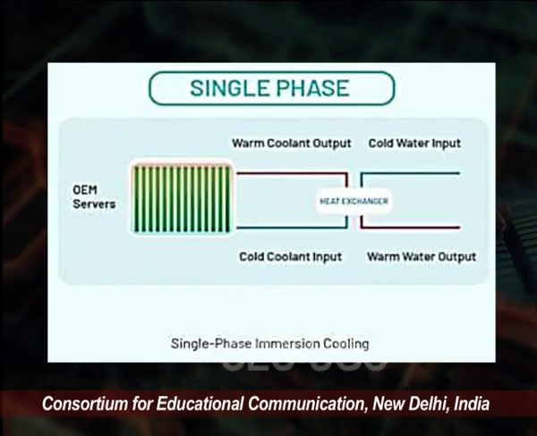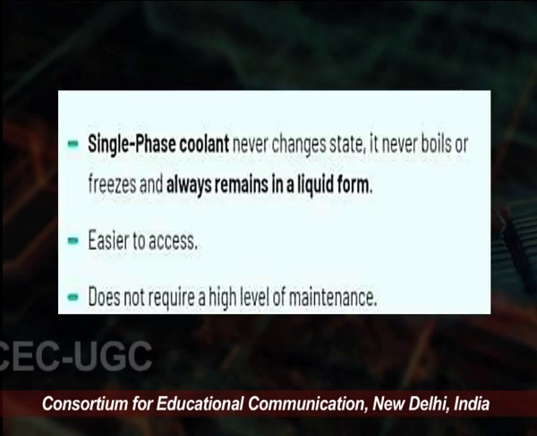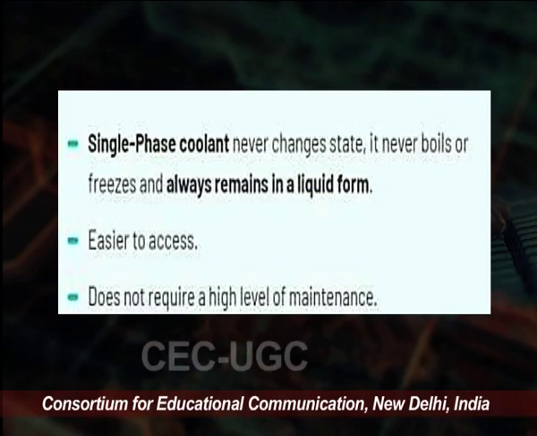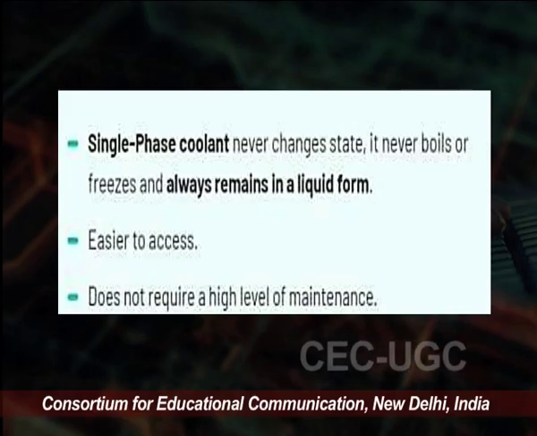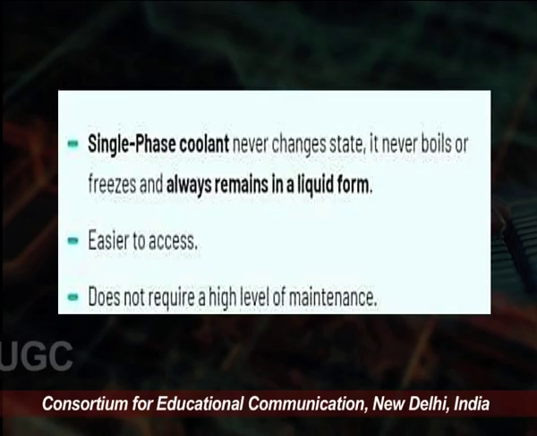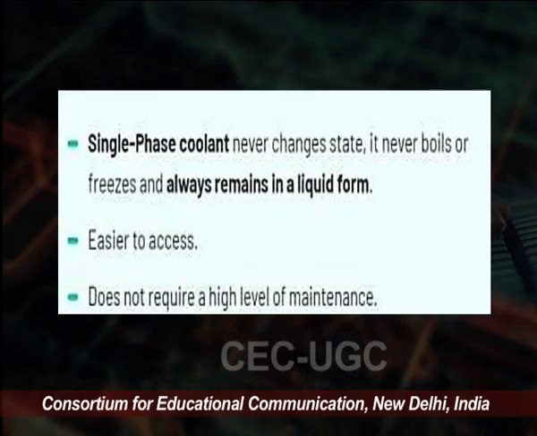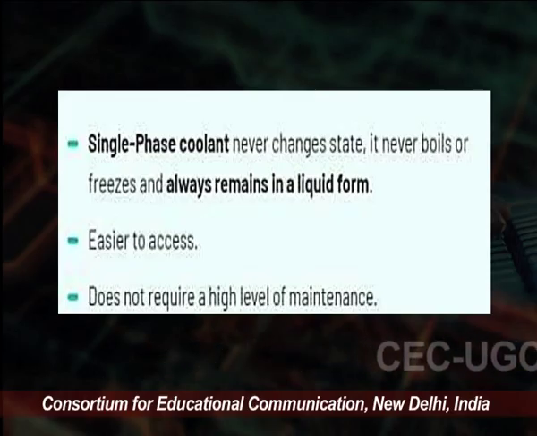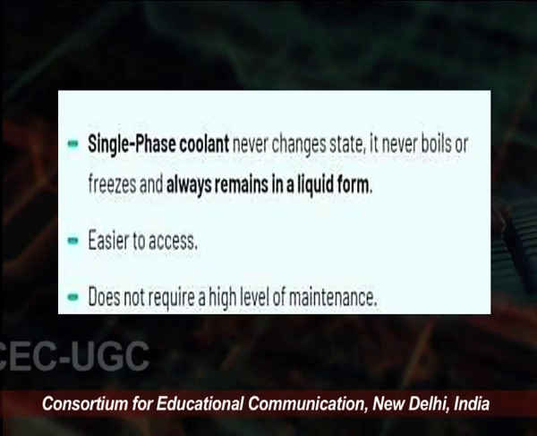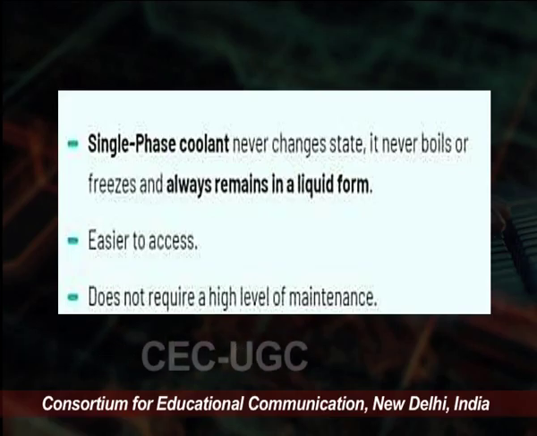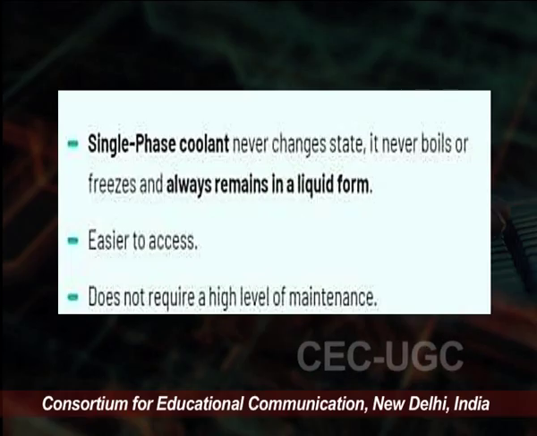That is the type of system we use for single phase immersion cooling. A single phase coolant never changes state. It never boils or freezes and always remains in liquid form. Its phase will not change, it will not boil, it will not become gaseous, but will remain in liquid form.